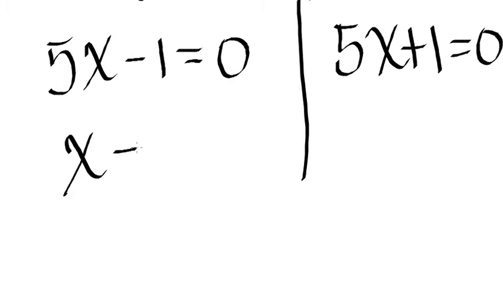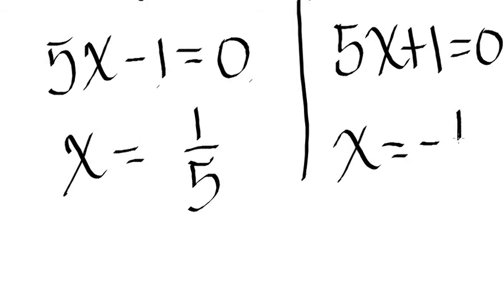So we have x is equal to 1/5. We just add 1 to both sides and then multiply by the reciprocal of 5. And we have x is equal to negative 1/5.